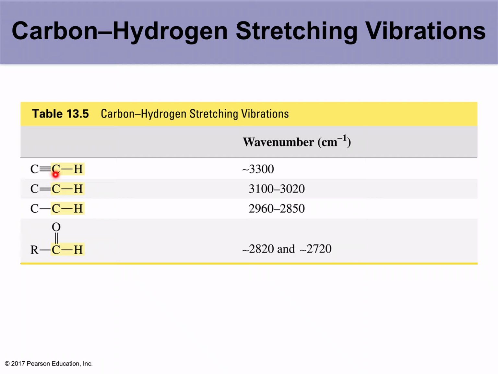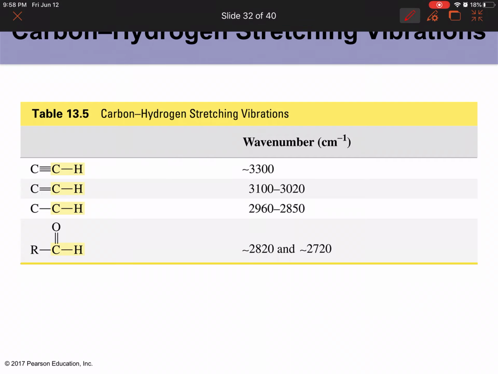Remember we learned the hybridization: when you have two electron groups attached to the central carbon, that is sp hybridization. This carbon is going to be sp hybridized.